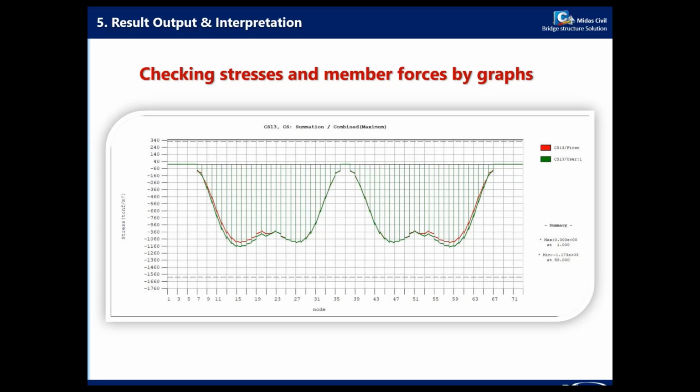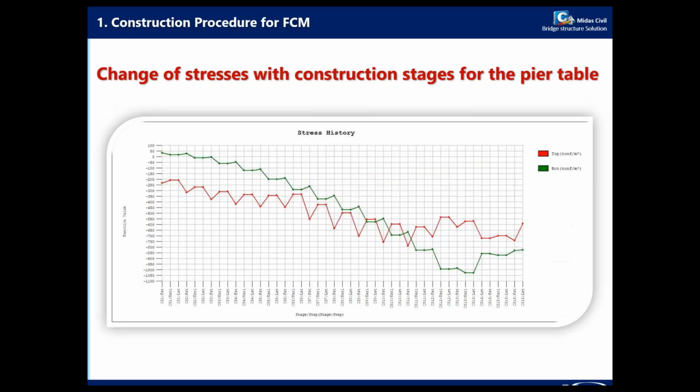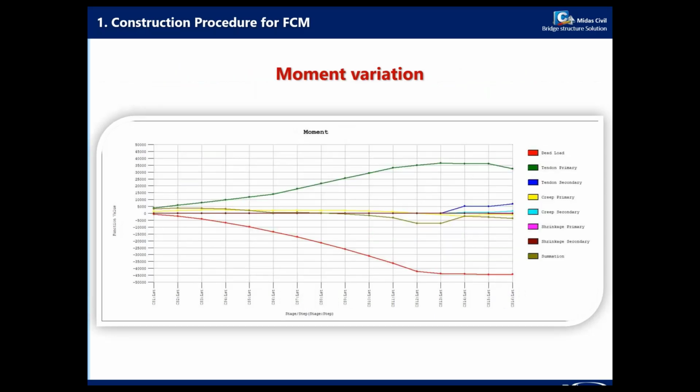We are going to use Midas Civil, and talk about different results. We have stresses and member forces, and we are going to check also the stresses with construction stages for the pier table, and these are the movement variation based on each construction stage.